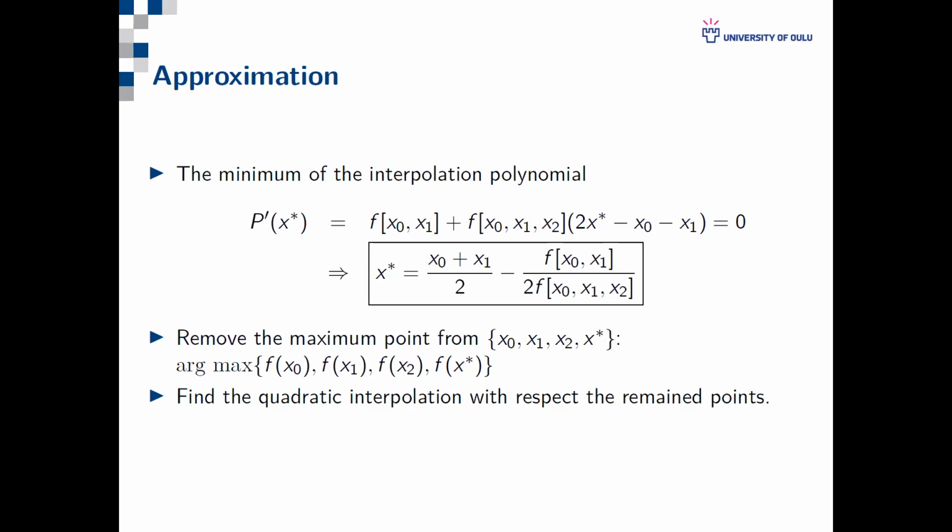And you remove from the set the one with the largest value. So of course we hope that x star is the new point and one of the 3 previous points will disappear. And then you continue. You find a new quadratic interpolation with the 3 remaining points, and then you compute your new approximation.